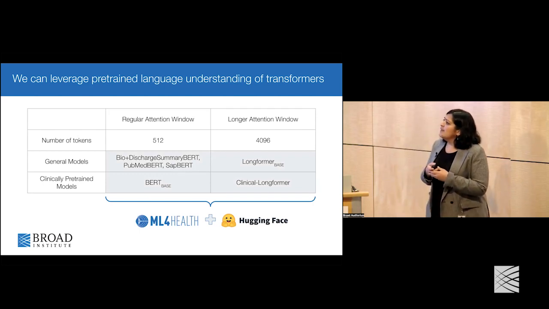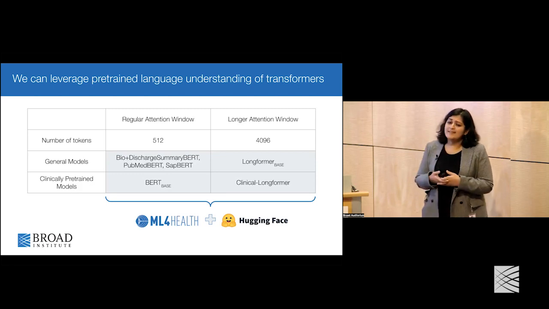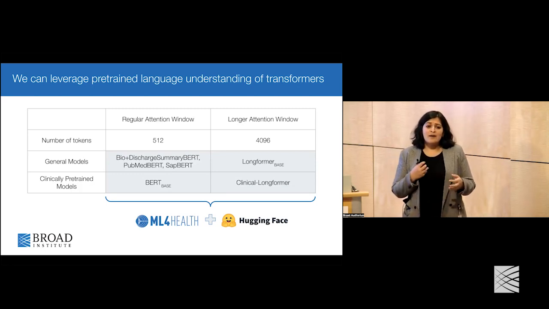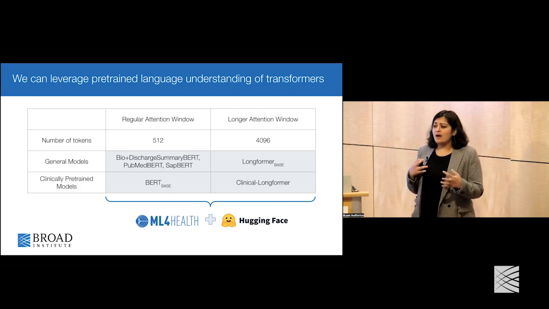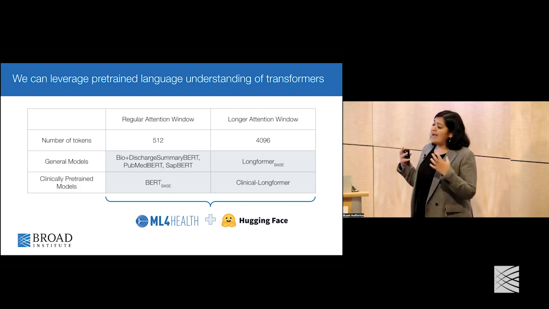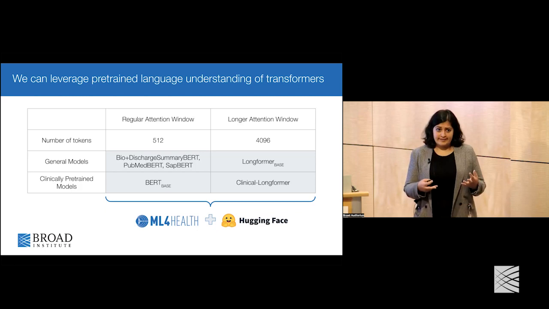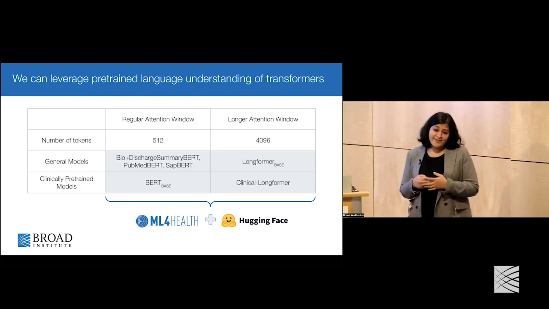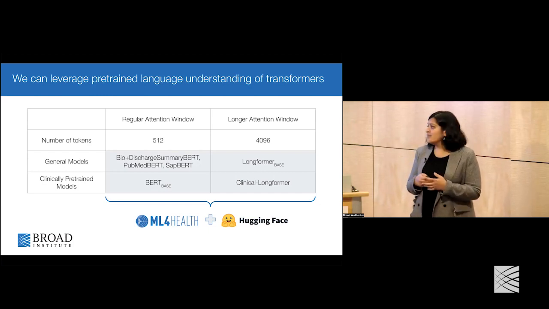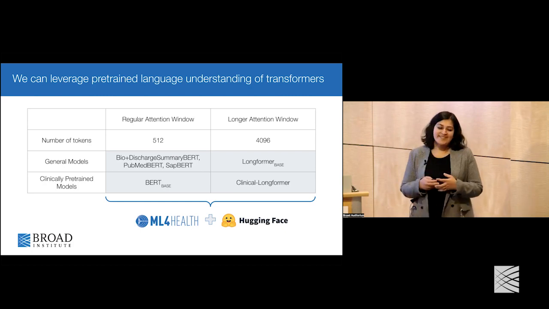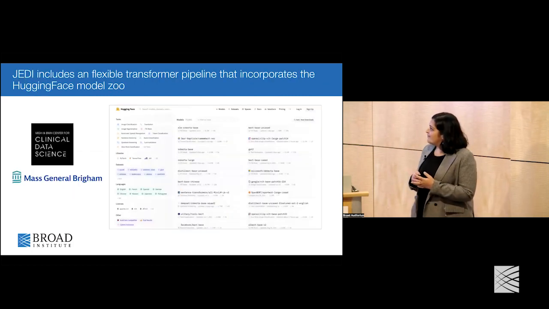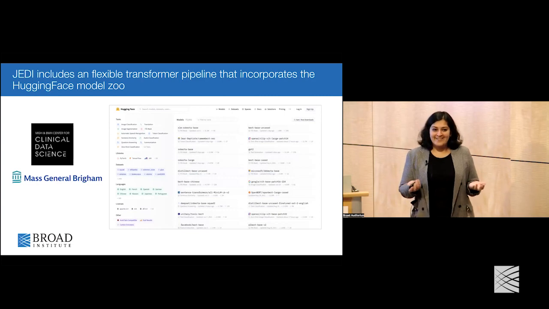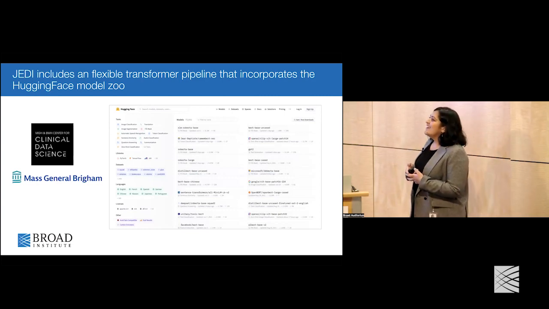I think really what our contribution here is we've been able to build a flexible and general pipeline where we're able to quickly iterate and switch out these models and apply them to real world clinical data. We're able to do that by using Hugging Face, which Emily mentioned, and also JEDI, which is our team's data infrastructure pipeline, as if we didn't have enough Star Wars initialisms.